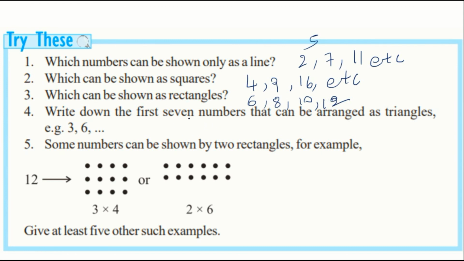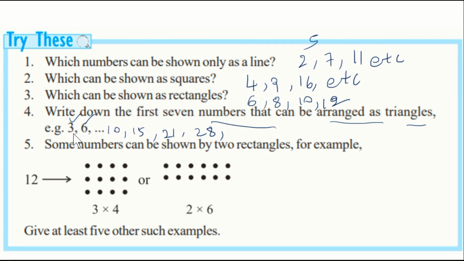Write down the first 7 numbers that can be arranged as triangles. Example 3, 6, 10, 15, then plus 6, 21, plus 7, 28. So here we have got triangular numbers having a speciality.